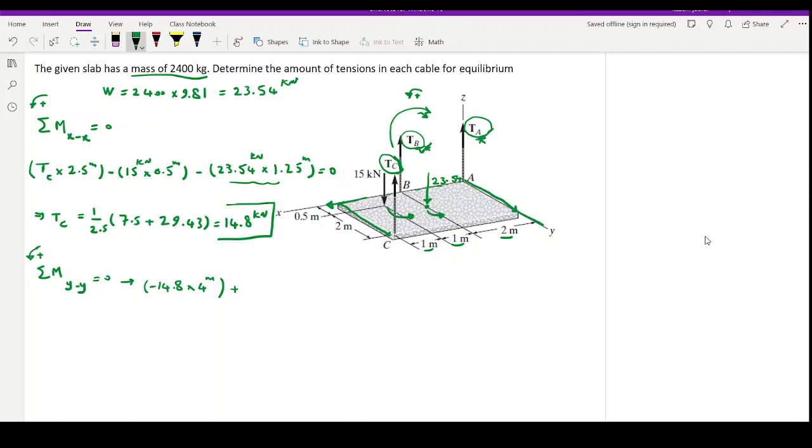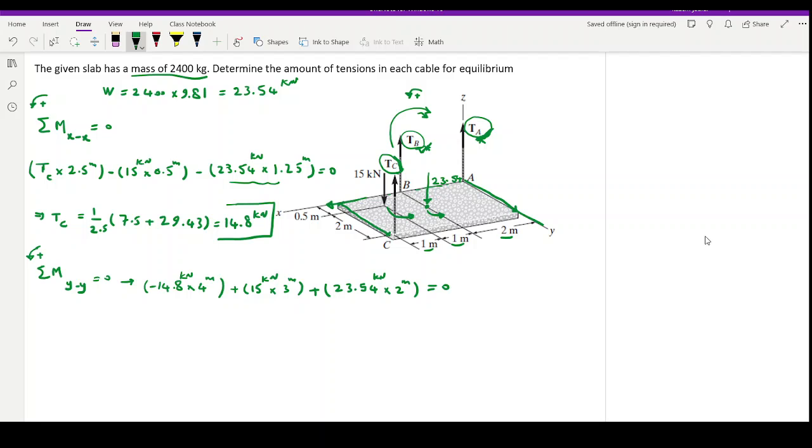So it's going to be plus 15 kilonewton times the distance is 3 meter plus 23.54 kilonewton times the distance is 2 meter. It's in the middle of the slab, and that's going to be 0. Again, TA doesn't have any moment because TA is on y-axis itself.